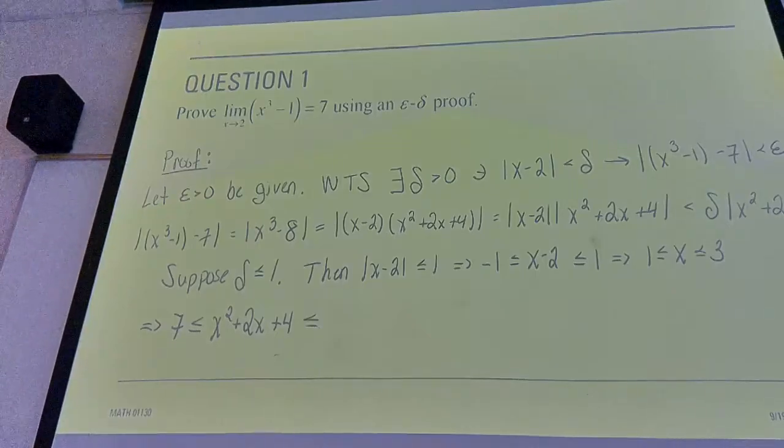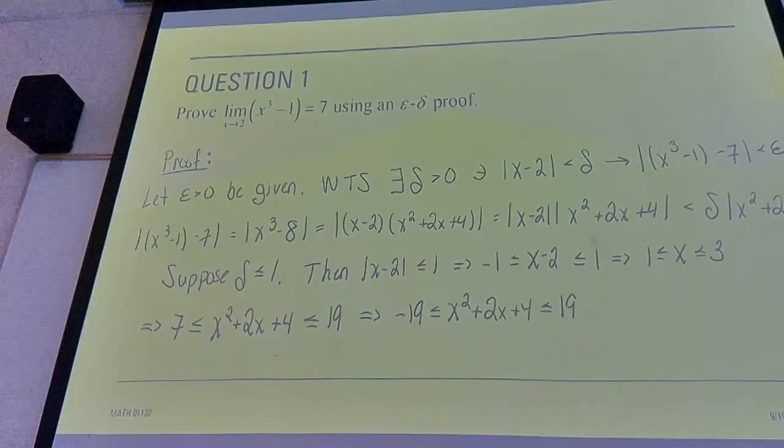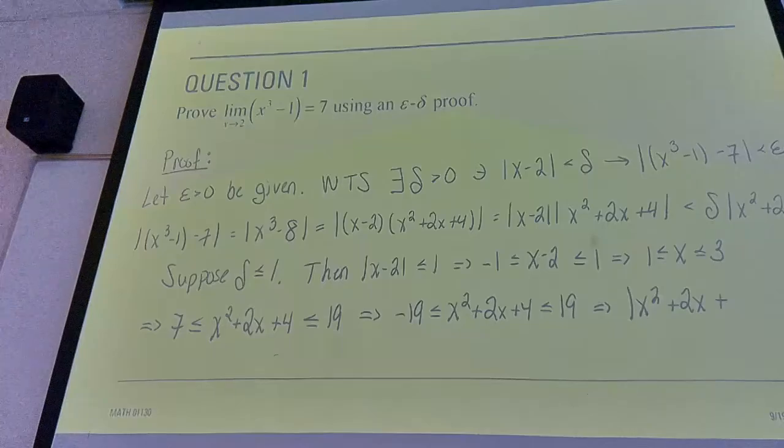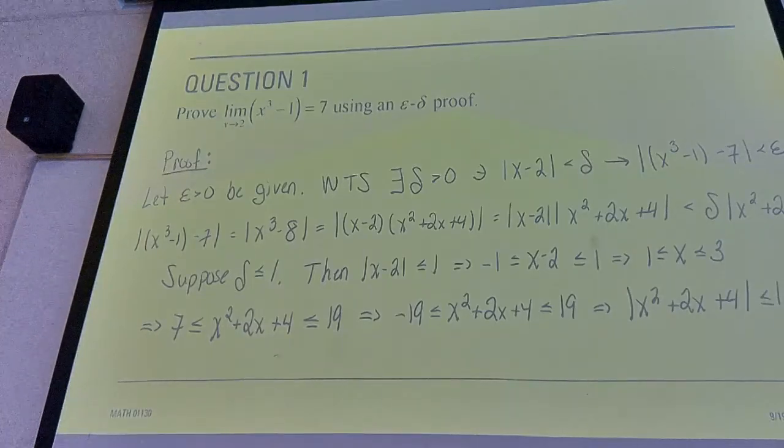Evaluate it now at 3 to find your upper bound, which is 19. So that absolute value would be less than or equal to 19.